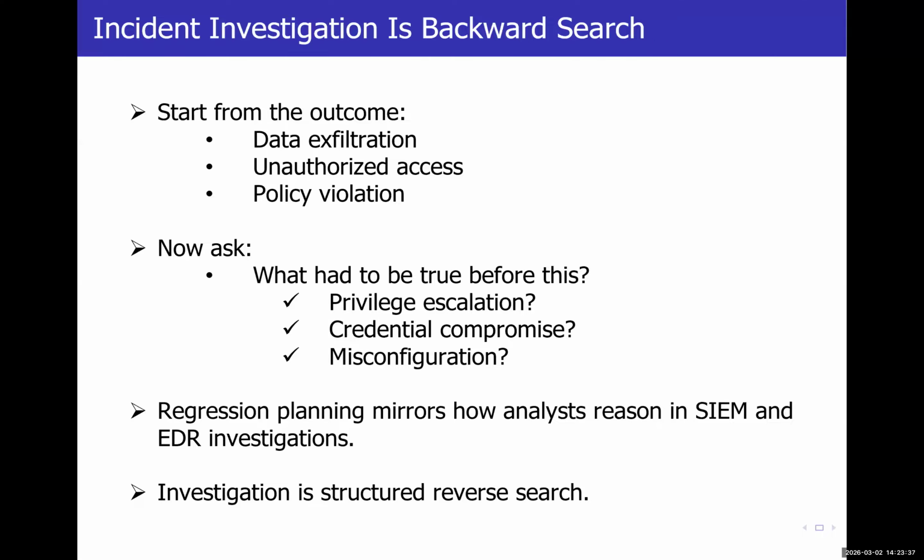Was there a misconfiguration? This is regression reasoning. It's backward search over possible preconditions that could explain the observed state. So regression planning is not just an algorithmic alternative to forward planning. It formalizes a style of reasoning that analysts use every day.